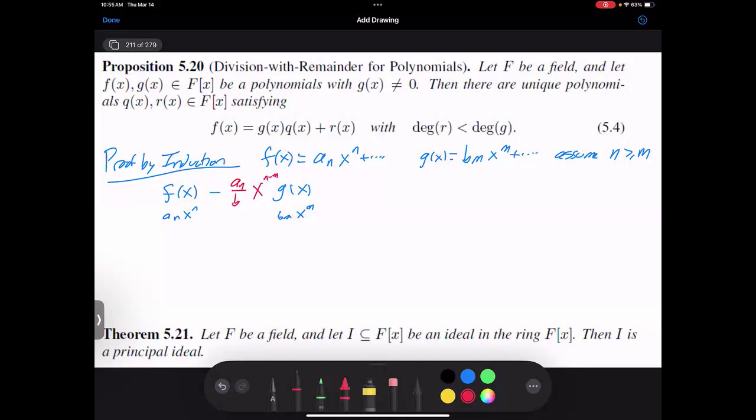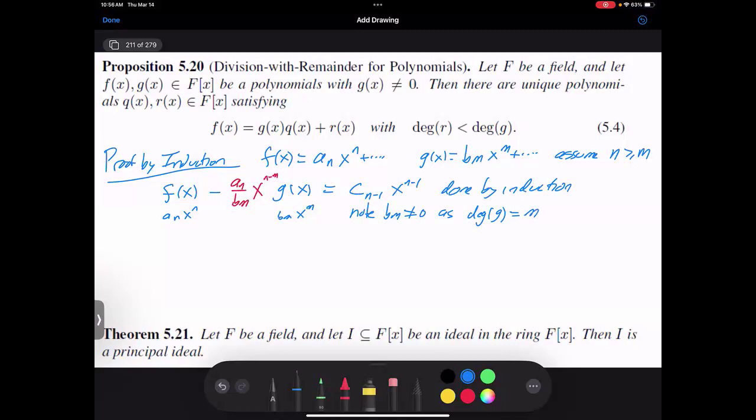And then this is going to equal, let's call it, c_(n-1) x to the n minus 1, and then we're done by induction, because we were able to get something of smaller degree. And of course, note b_m does not equal 0, as the degree of g equals m.